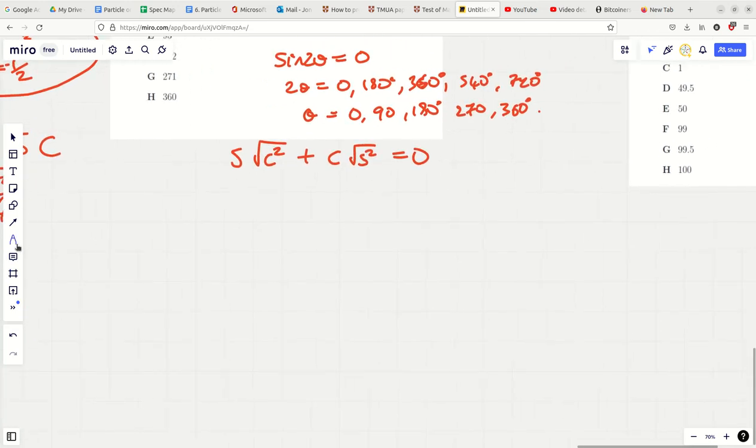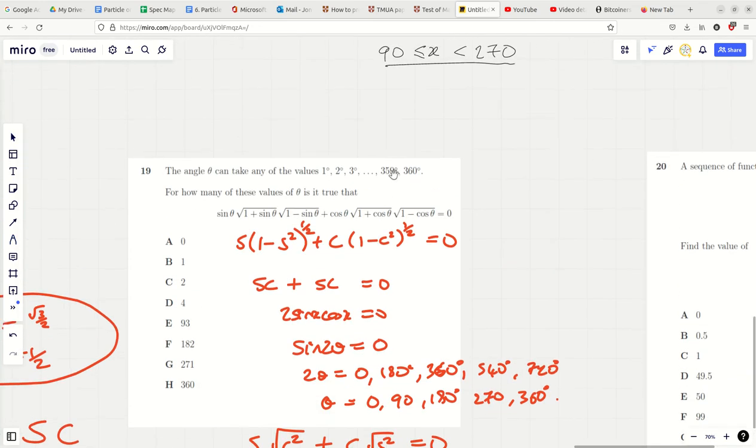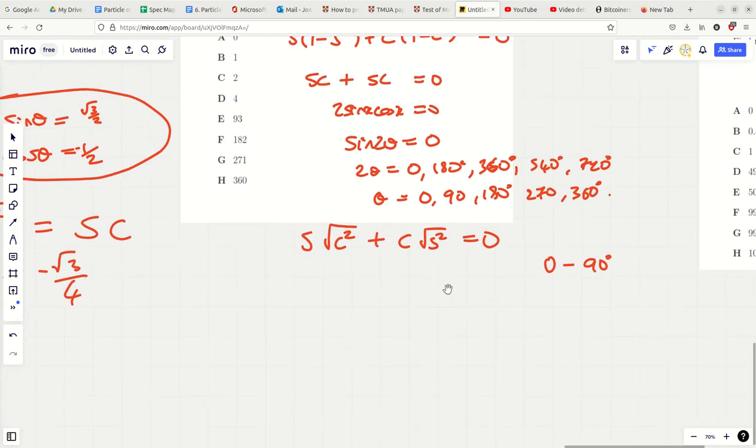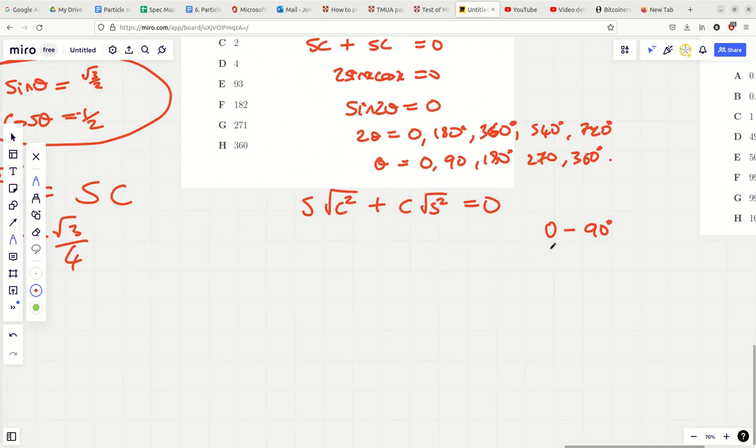So, okay, let's handle this with caution. Let's say firstly that we're just going from 0 to 90 degrees, or 1 to 90 degrees if you like, because that's the values we need to care about. Now here, S is positive and C is positive, yeah? Which means when you've got C and you square it and you square root it, that's fine, you get SC. And when you've got S and you square it and you square root it, it's fine, you still get CS.